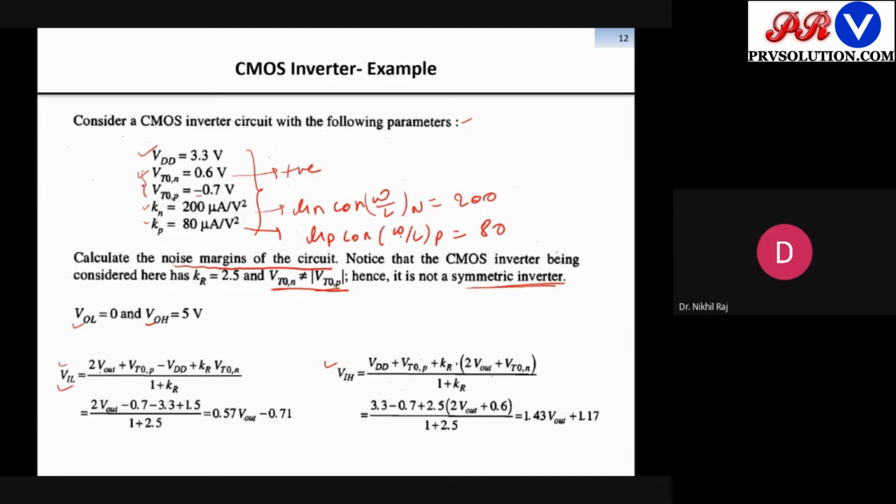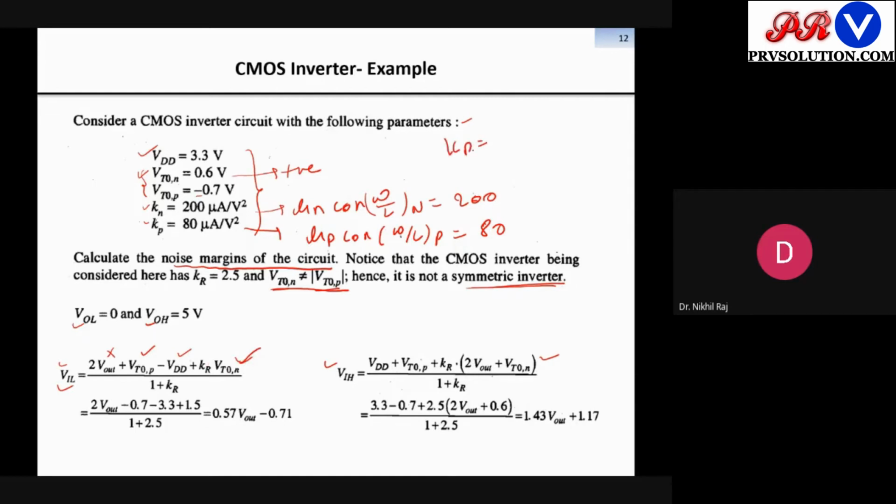So how to calculate VIL? VIL, this expression was there, and VIH, this expression is there. In VIL, substitute the values. Vout we don't know, so this is not known. VT naught P is given here, VDD is given, VT naught N is given, and KR. So what should be KR here?